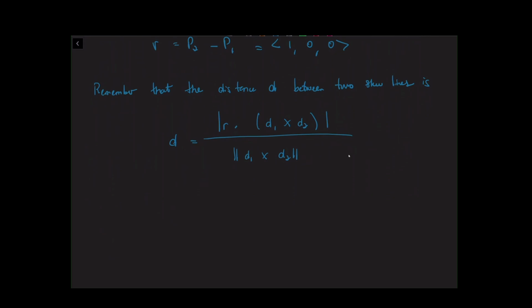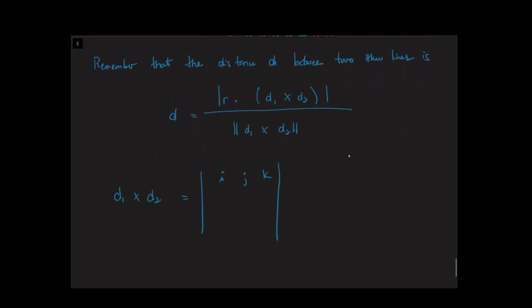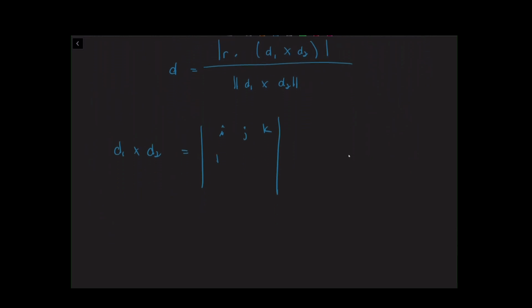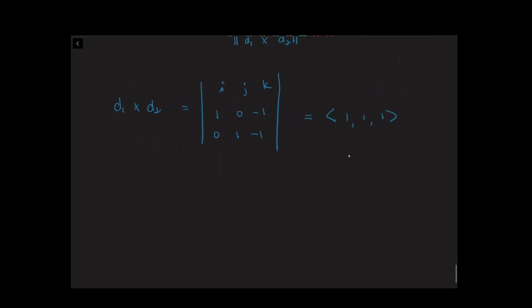So I need to find D1 cross D2. I'll use i, j, k, with 1, 0, negative 1 and 0, 1, negative 1. I'll get 1, 1, 1. Also, I need the norm, which is 1 squared plus 1 squared plus 1 squared, which is just root 3.